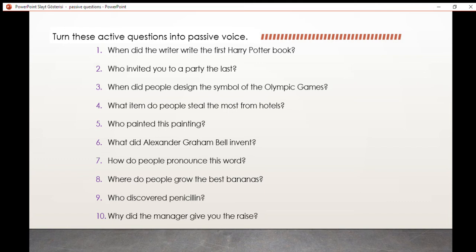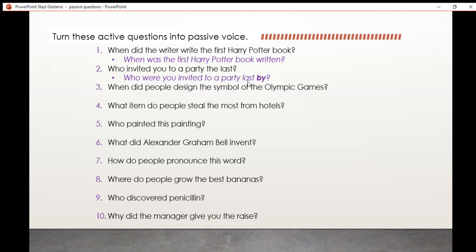Okay, ready? Let's see. When was the first Harry Potter book written? Who were you invited to a party by? Who by? If we're asking the subject, we say who by.